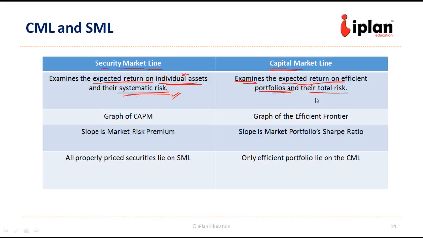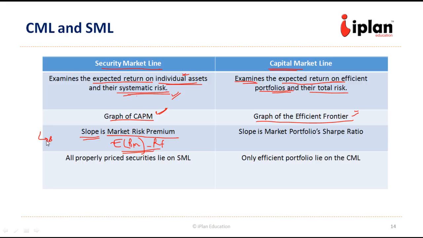The security market line is a graph of the capital asset pricing model, while the capital market line is a graph of the efficient frontier, as we have just seen in the chart. In the security market line, we have seen the slope is the market risk premium, that is ERM minus RF. This was the slope because we had beta on the x-axis.